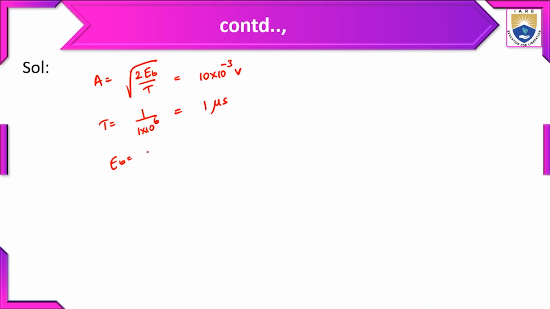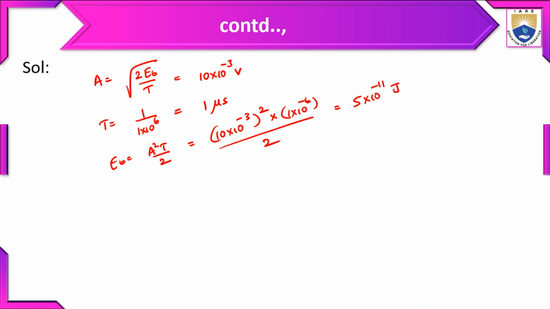So EB is equal to A square T by 2, that is equal to 10 into 10 power minus 3 whole square into T, 1 micro, 10 power minus 6, divided by 2. I just substitute the A value and T value. Then what you get is 5 into 10 power minus 11 joules.